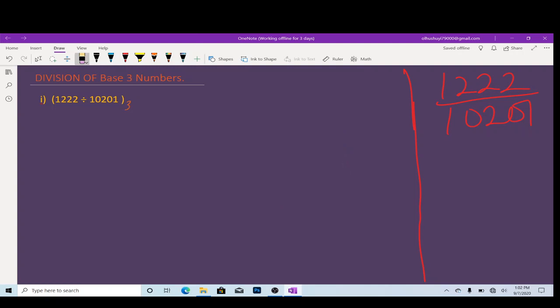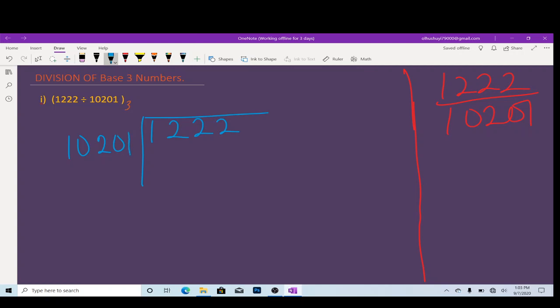We have our answers in two forms. Let's do the first method. We have 1 2 2 2 divided by 1 0 2 0 1.